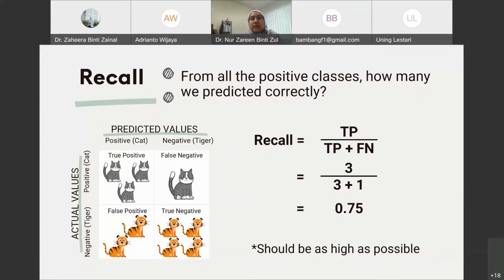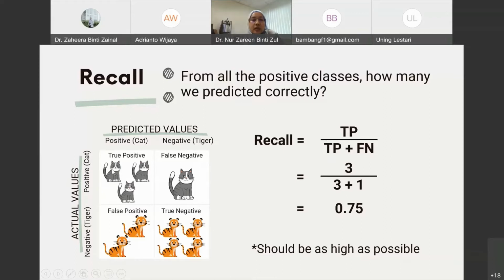Sometimes you have, let's say, 10 positives, but you manage to predict only 7 of them. So your recall wouldn't be too high. So to calculate recall, this is basically the formula. You have TP, which is true positive, divided by the total of true positive plus false negative. Look at this part. These are the actual positive values.